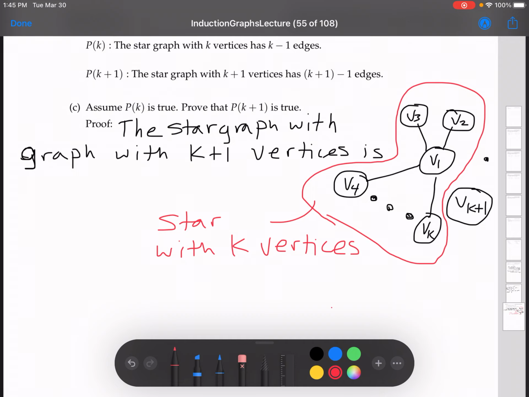There's 1, 2, 3, 4 up to k. And we're guaranteed by the induction hypothesis that this thing has k minus 1 edges.